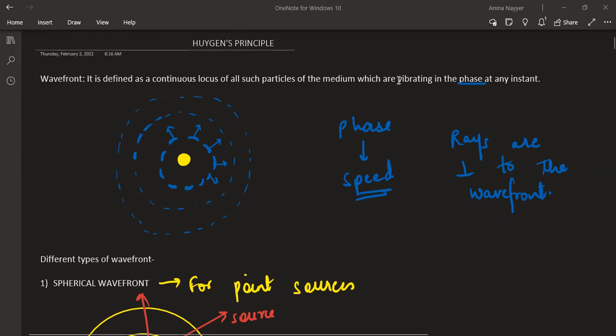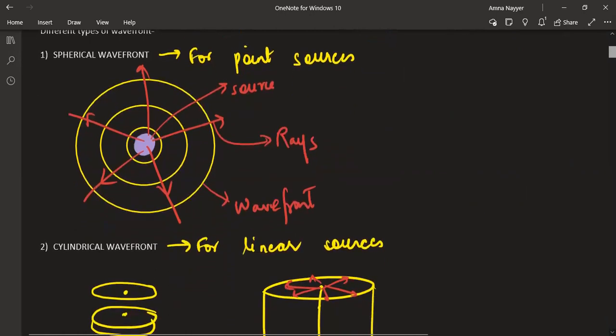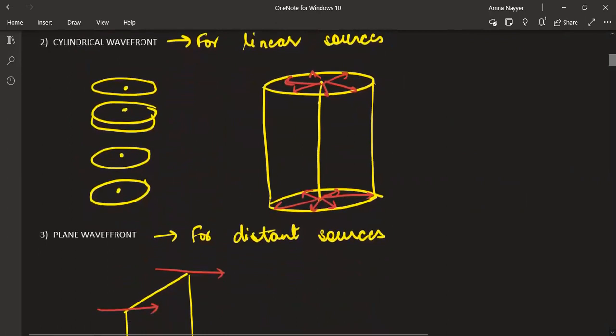Fine. So see, Huygens principle we had started with when we were doing wave optics. We have the first concept of wavefront. Then depending on the type of the source, we have three types of wavefront. If it's a point source, we have spherical wavefront. If it's a linear source, it produces a cylindrical wavefront.